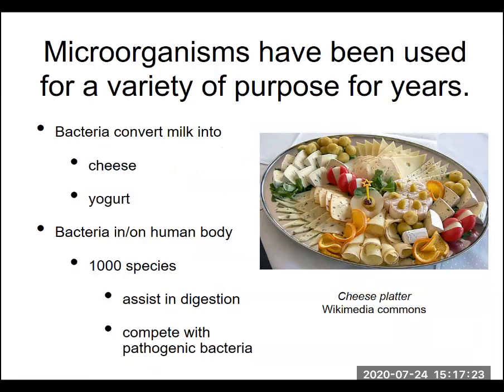If you think about the cheese platter on the right-hand side of this slide, all those little flavors in the different cheeses are not there randomly. They're there because a bacteria has digested some of the sugars present within the milk, and in the process produced some byproducts, and those byproducts then produce the flavors associated with cheese and yogurt.